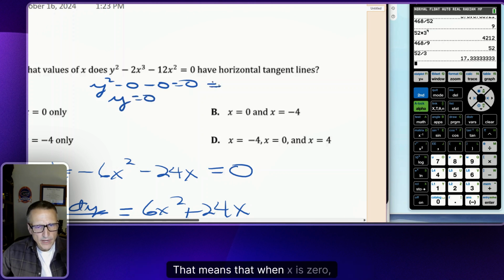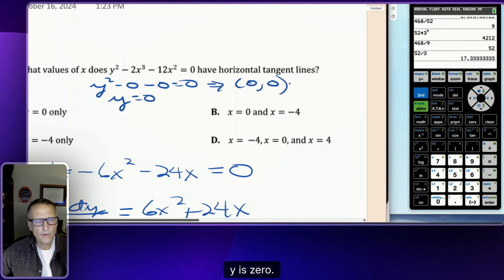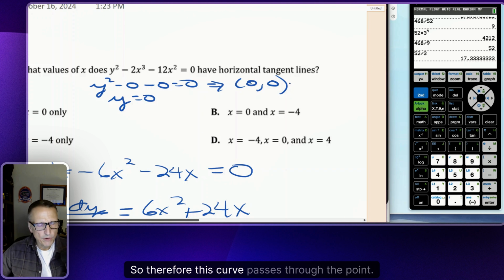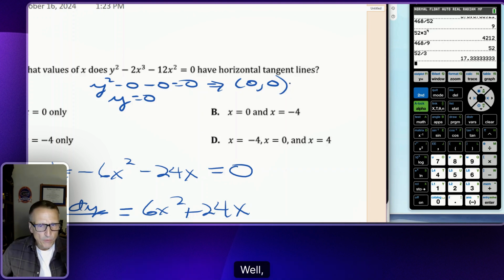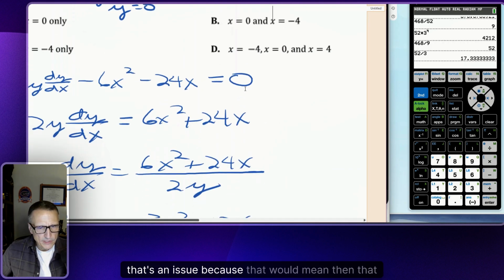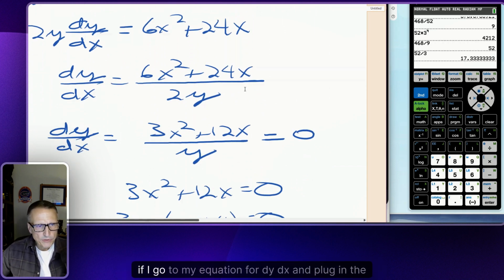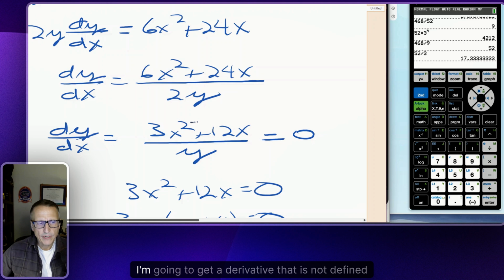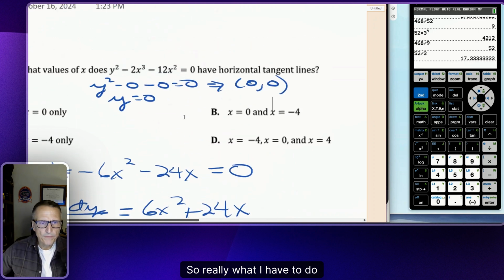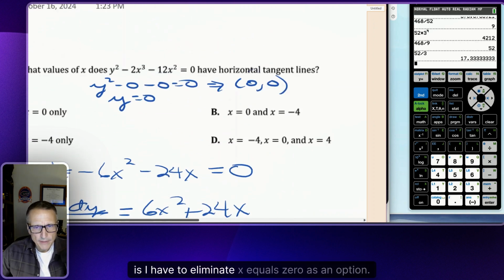That means that when x is 0, y is 0. So this curve passes through the point (0, 0). Well, that's an issue, because if I go to my equation for dy dx and plug in the point (0, 0), I'm going to get a derivative that is not defined, because it will be 0 over 0. So really I have to eliminate x equals 0 as an option.